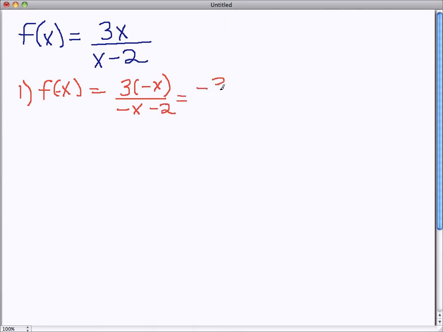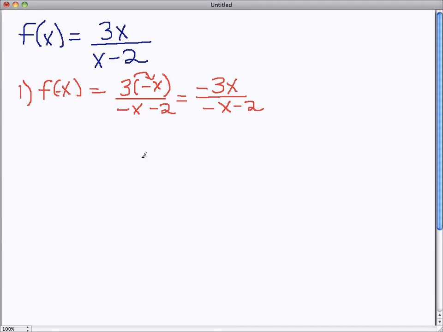And simplify that solution by multiplying the 3x times the negative x and getting negative 3x. There's not a whole lot of simplification we can do on the bottom, so we're just going to leave it alone.